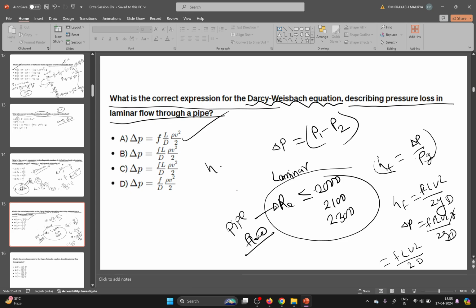Head loss is nothing but hf is equal to P1 minus P2 divided by rho g, in between two sections.